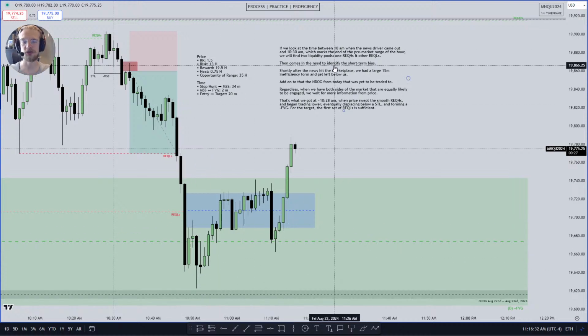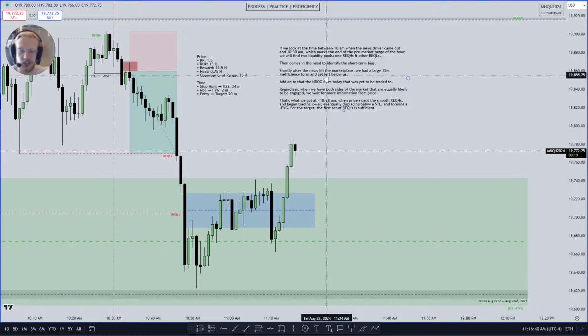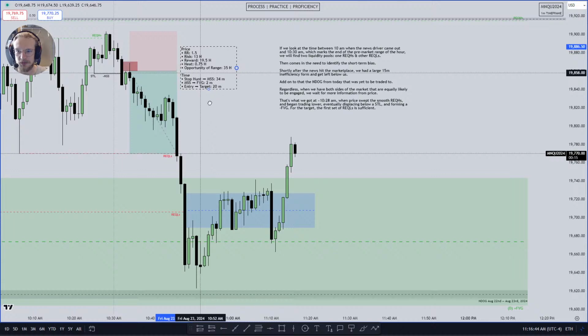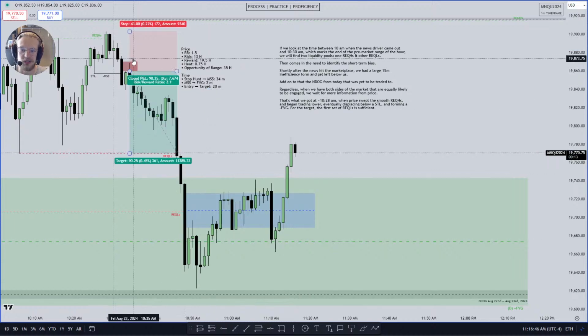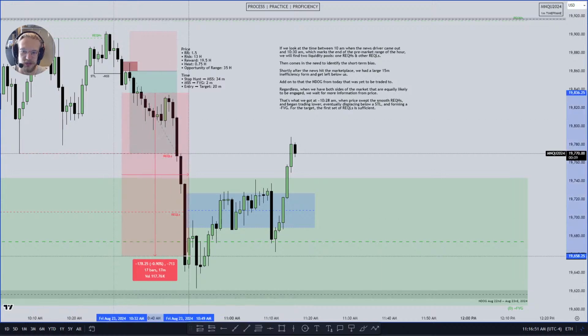And I don't know, at this point it's uncertain, and we don't have to really know what's going to happen. We don't have to guess. I think the main move of the day, or at least the AM session, was this one right here.